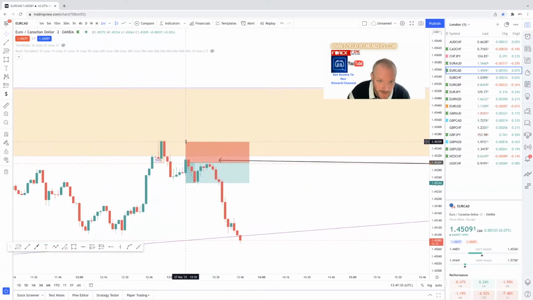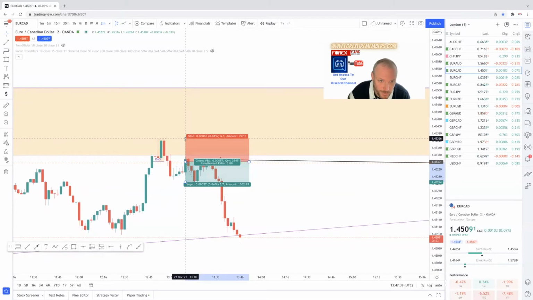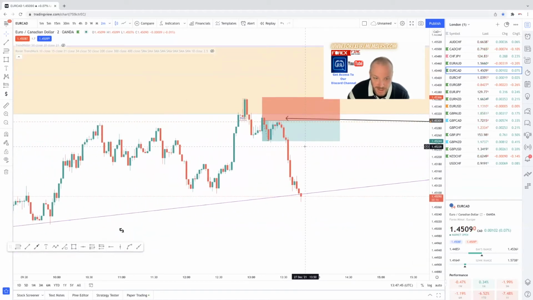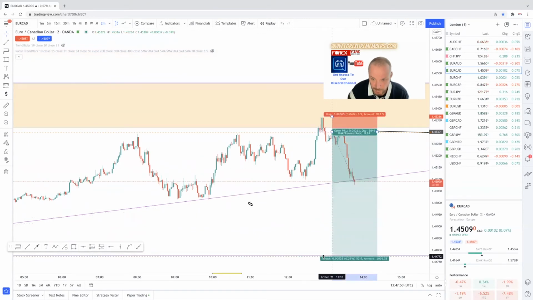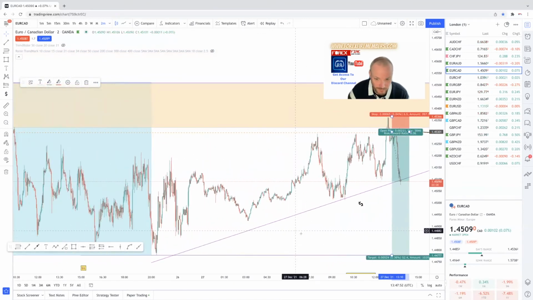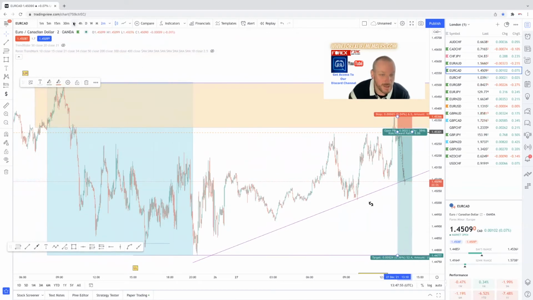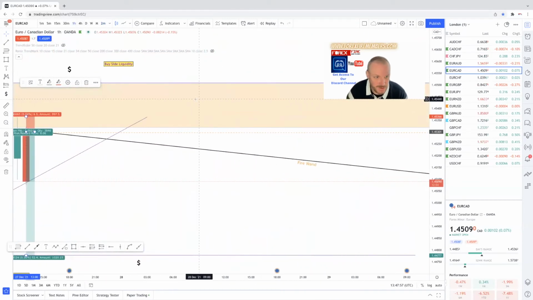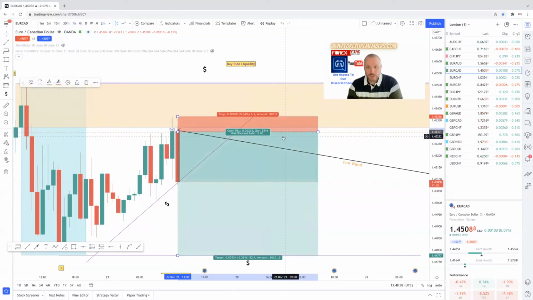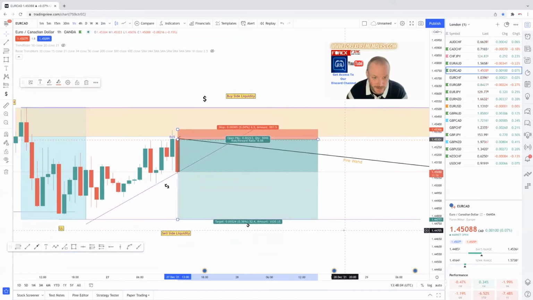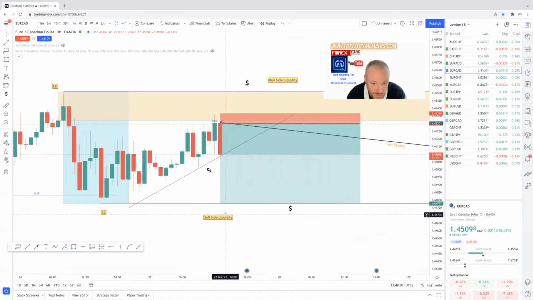You would then hold your structure just above the area of here, and your targeting area is going to be the bottom side of, if we go back up on the hour time frame, your target. This is going to give you just over a 1 to 8, and a target on the sell side liquidity area.